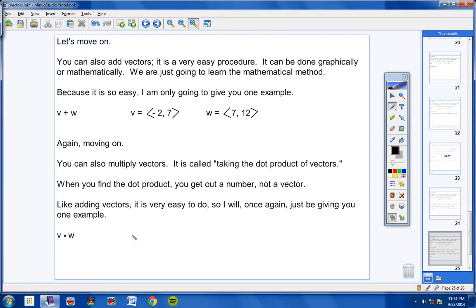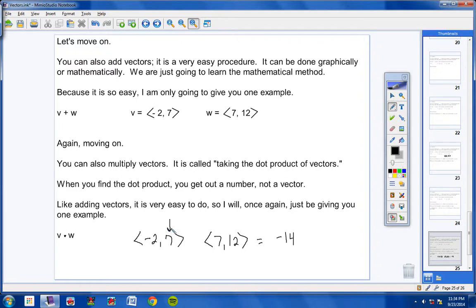So students, here we go. We're going to take vector V, which is (-2, 7), and vector W, which is (7, 12), and we're going to find the dot product. Here's what you do. You take your first number times your first number, so negative 2 times 7, and you get negative 14.